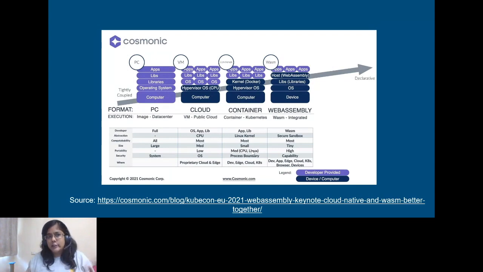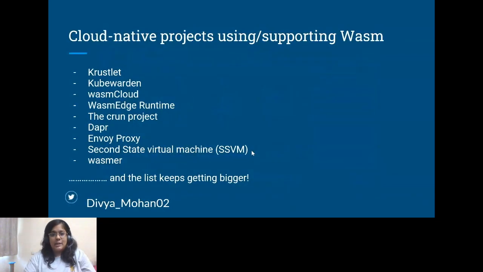And by anywhere, I literally do mean anywhere. You could have it run on the edge, inside a k8s container, on a browser, or on devices such as a Raspberry Pi. You could have it run inside an application on your traditional VM. You could literally have it run anywhere because of its format. And with WebAssembly we are moving towards a declarative form of architecting our applications.